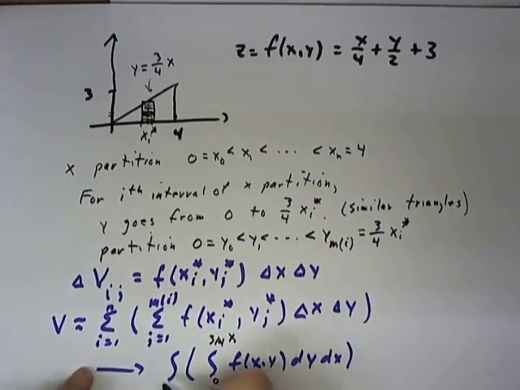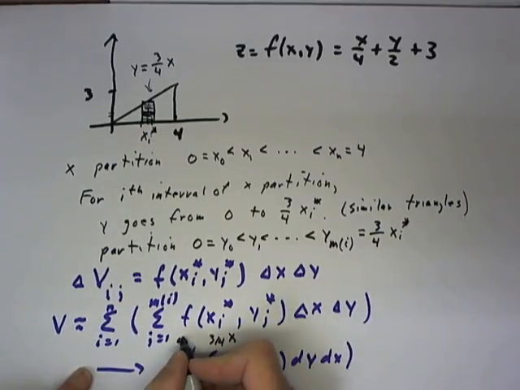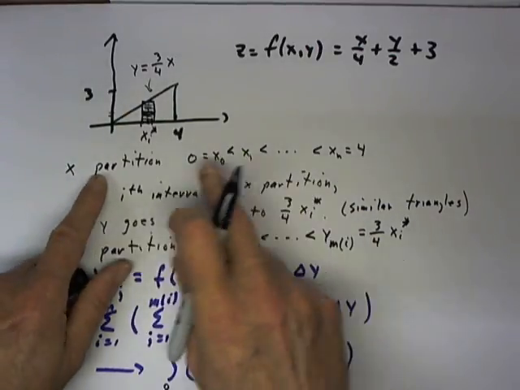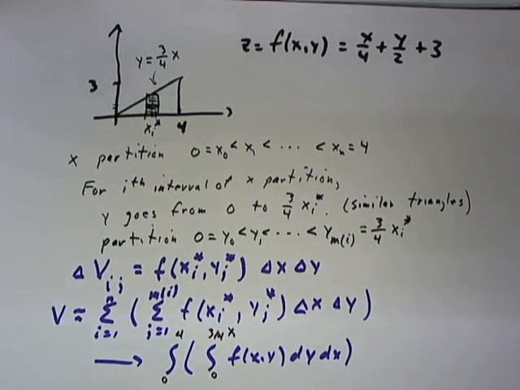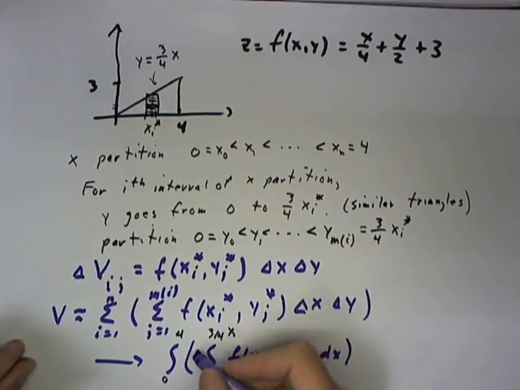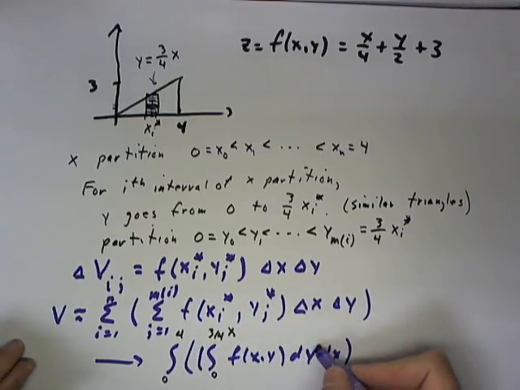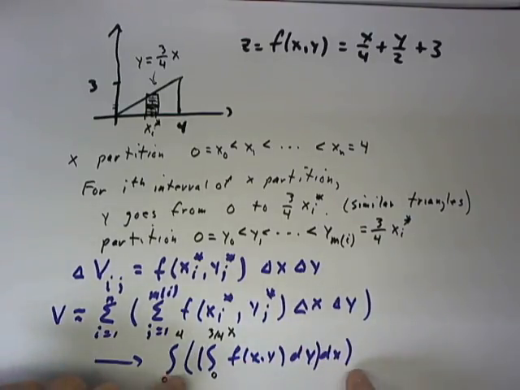The x, of course, then is going to go from 0 to 4, because the x interval that we partition goes from 0 to 4. Now, I was a little careless with my parentheses here, so I'm going to put an extra set of parentheses here. This set is really kind of redundant, but that's okay.